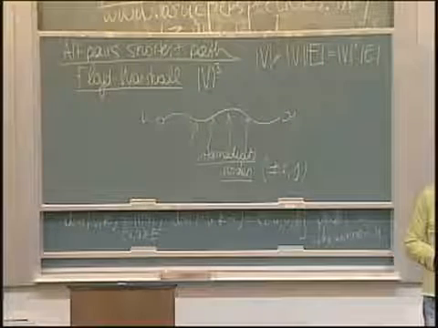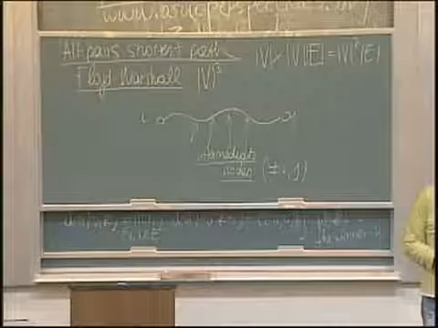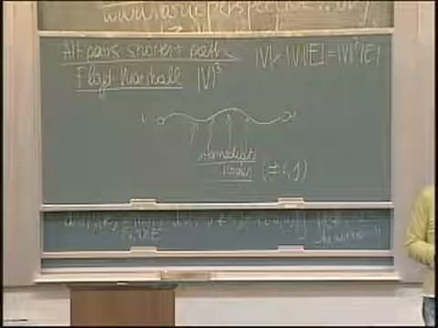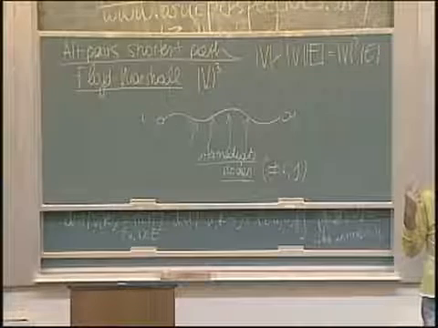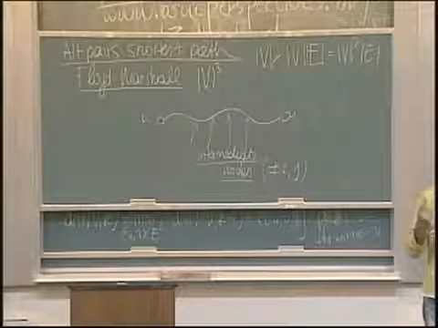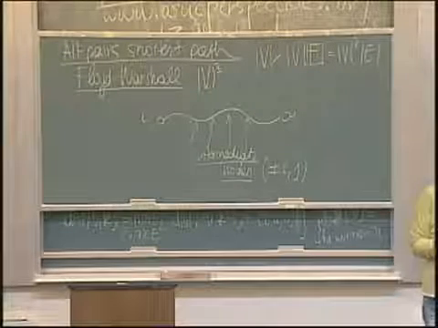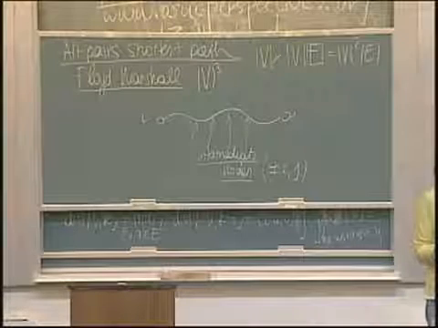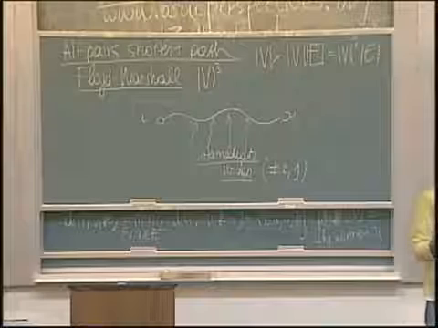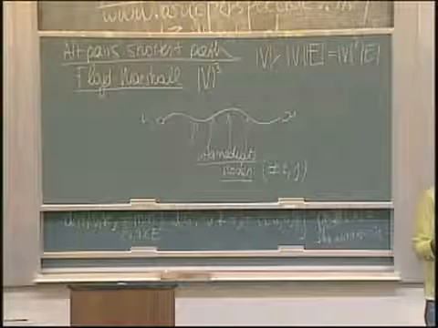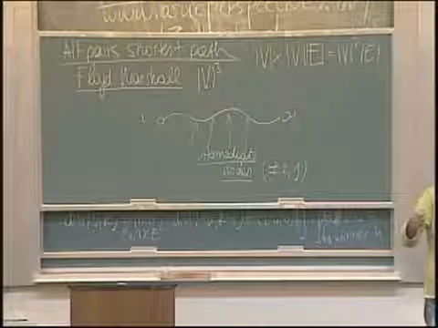And then you say, okay, for you, I'll allow you to use node 1 as intermediate node. And then you say, all right, you can now use node 1 and node 2 also. Then node 1, node 2, and node 3.